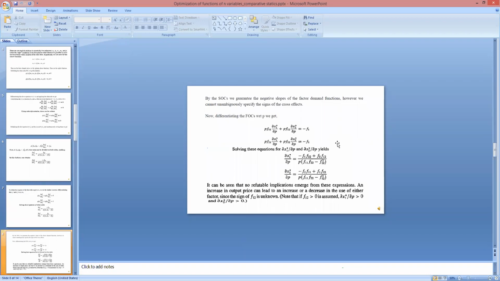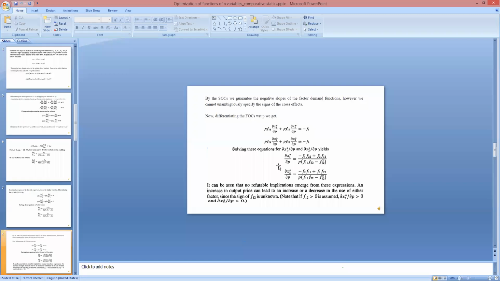So, as you understand these two equations, naturally, we have to find out del x1 star by del p, del x2 star by del p. So simultaneously solving these two equations, we would like to find out what is happening to input demand if output price changes. What is happening to x1 star or x2 star?